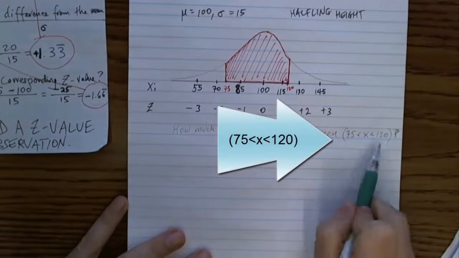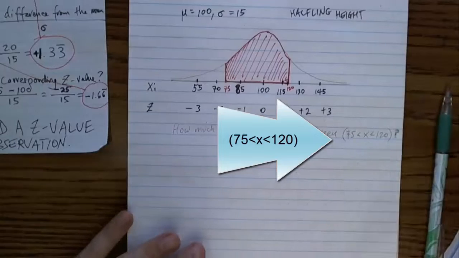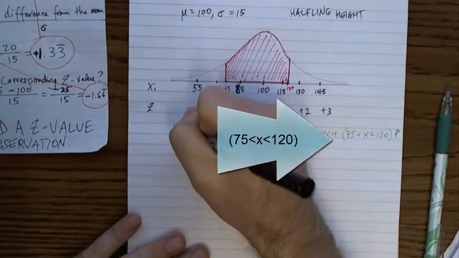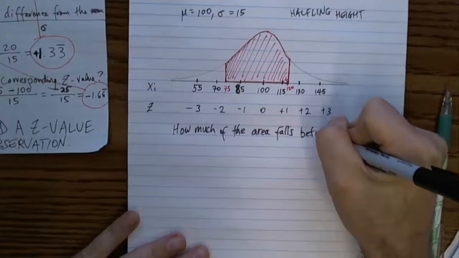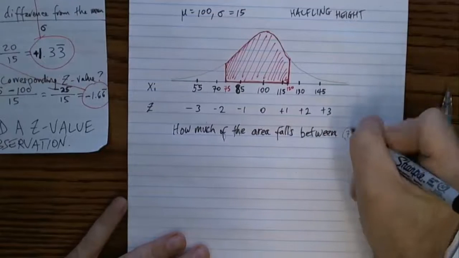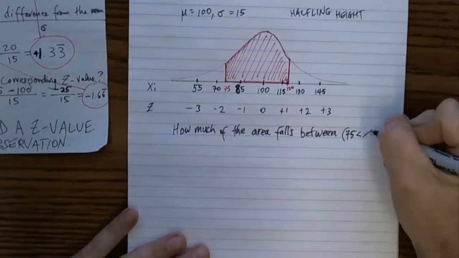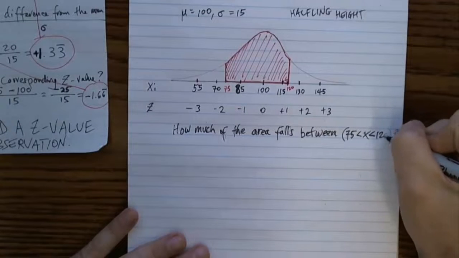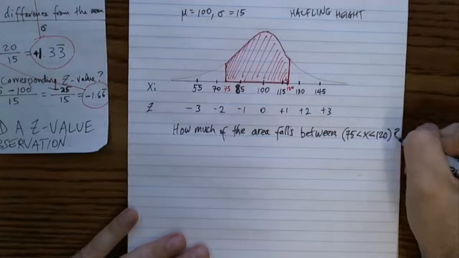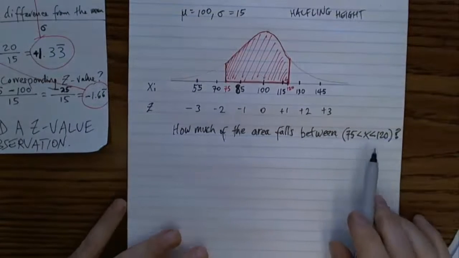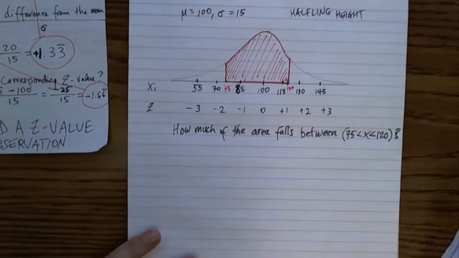So 75 to 120, and let me make this a bit darker for you. So how much of the area falls between 75 and 120?